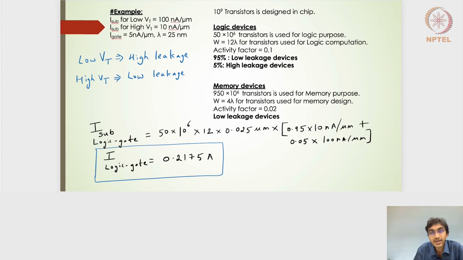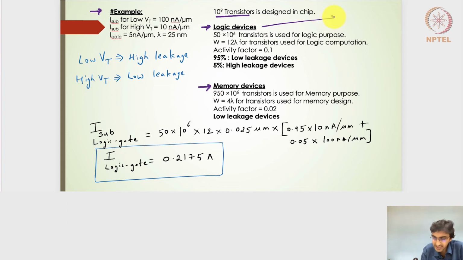How do we evaluate for different input combinations? What should be the static power? So now let's take an example on a system side. The system side means we have been given a design wherein we have 10⁹ transistors being used in the chip. In the chip, there are two designs: logic devices, the logic component, and the other is the memory device.